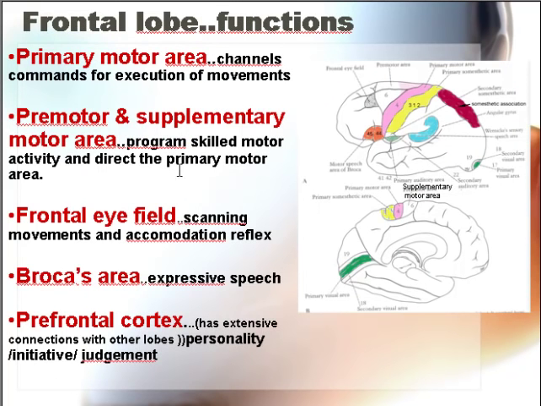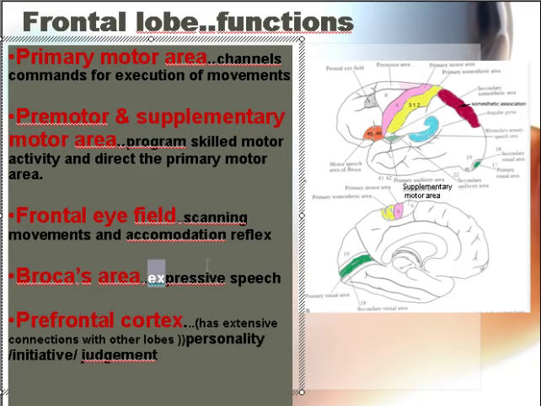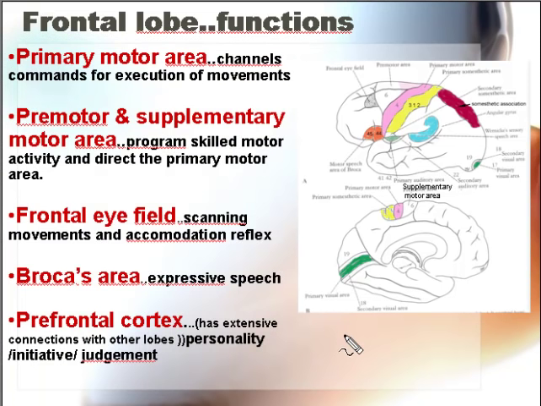Functions, of course, you have to know the different functions, and I've gone over them in detail, so you must know about the functions of each lobe. You should be able to tell the difference between expressive speech and receptive speech, because if you get a case about expressive or receptive, you should be able to identify which area is damaged.